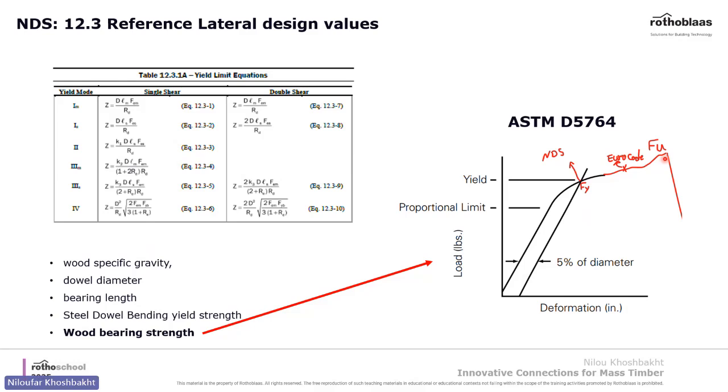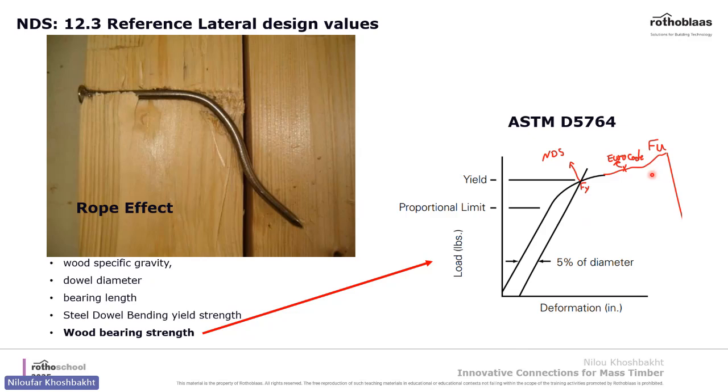Also, in Eurocode, they add a value to the shear capacity considering the rope effect. That means after the screw has yielded, they account for the tensile strength of the steel and add it to the resistance value. That's the reason the European values are higher in the case of laterally loaded screws.